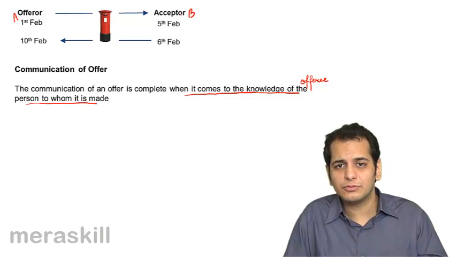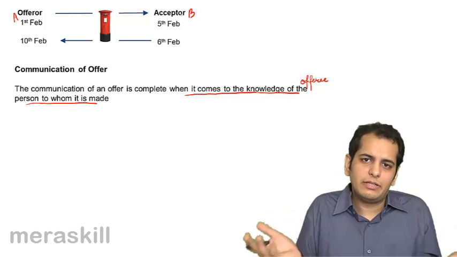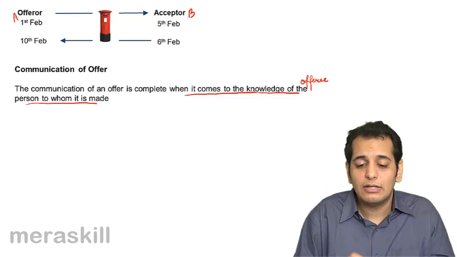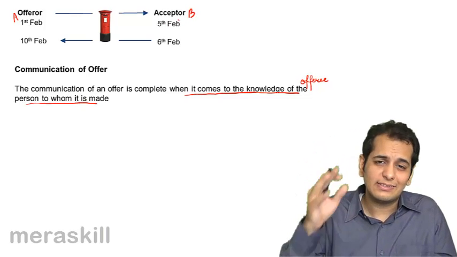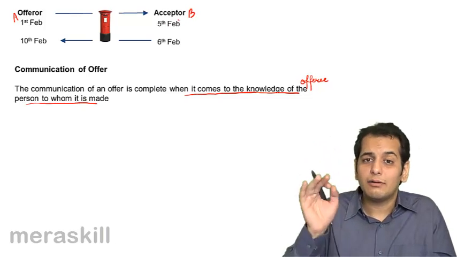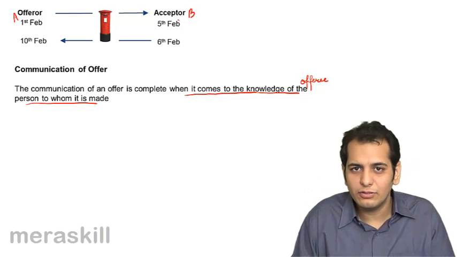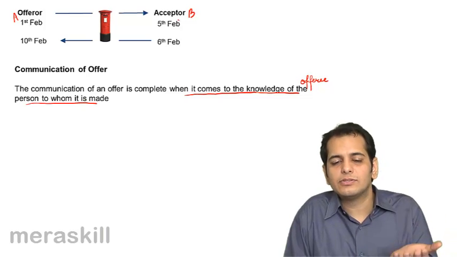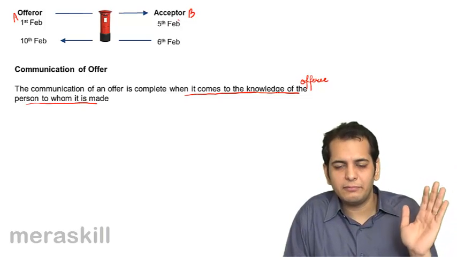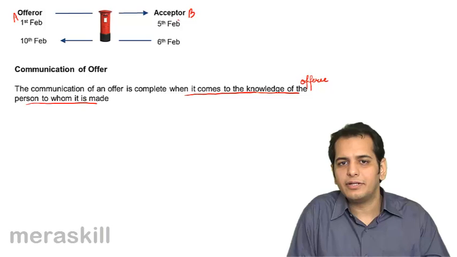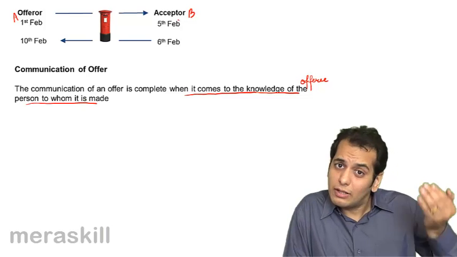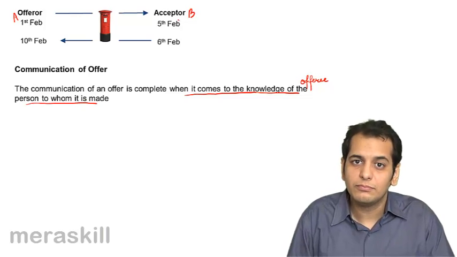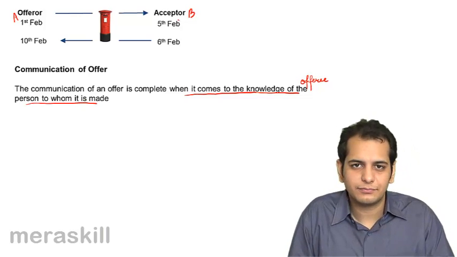So when he receives the letter on 5th Feb, in this case we can say the communication of offer is complete on 5th Feb. He'll open it and read it, and then it will come to his knowledge that he has got an offer from A, who is the offerer.